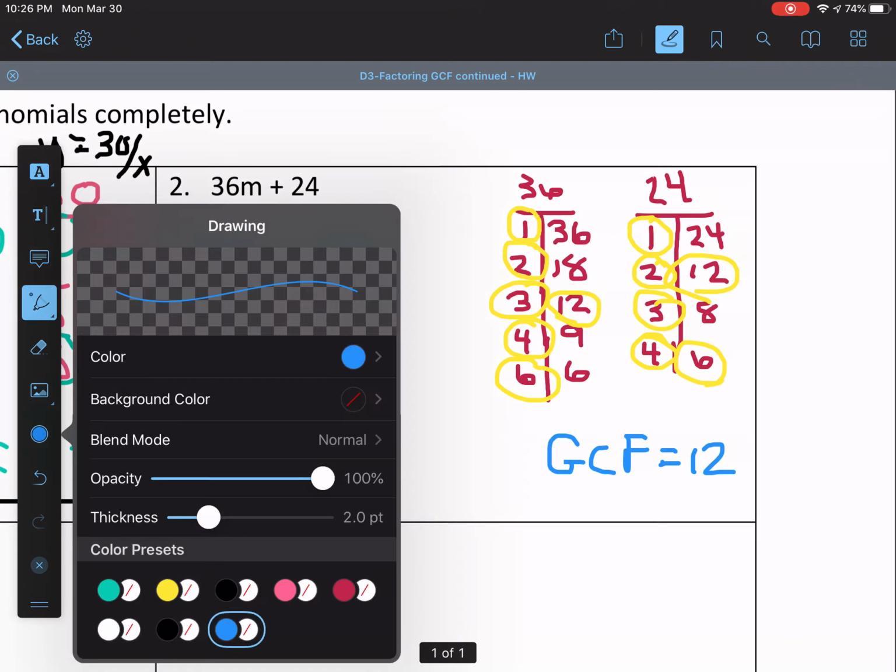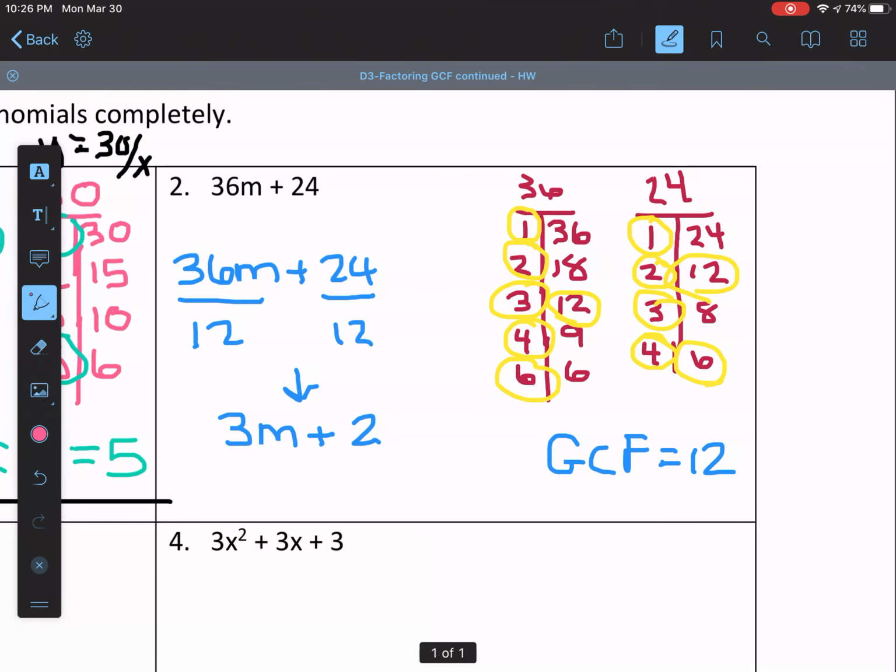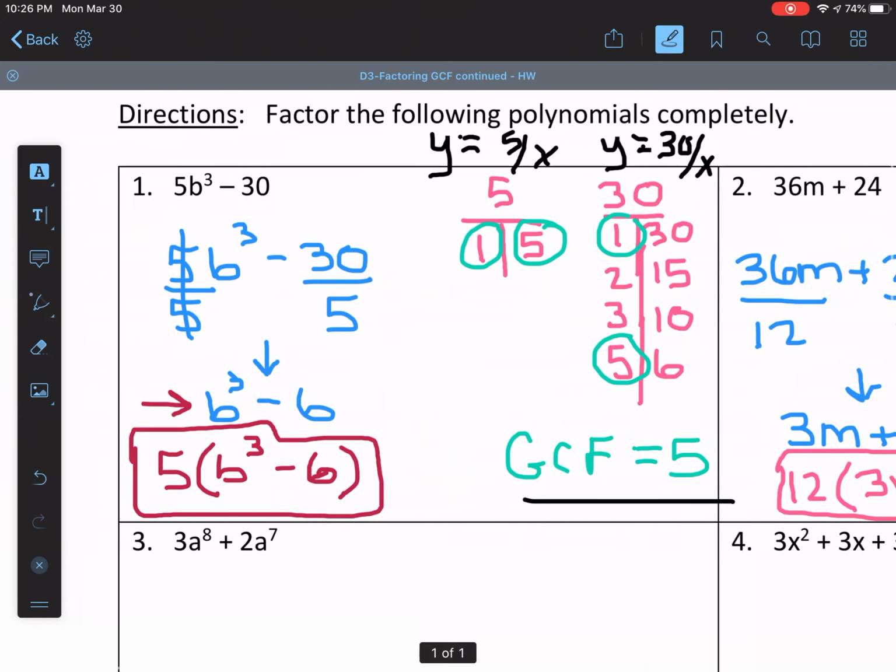Okay? And now to write our final answer, we just put the GCF, and then in parentheses the 3m plus 2. Okay? All right. Very good. Okay.